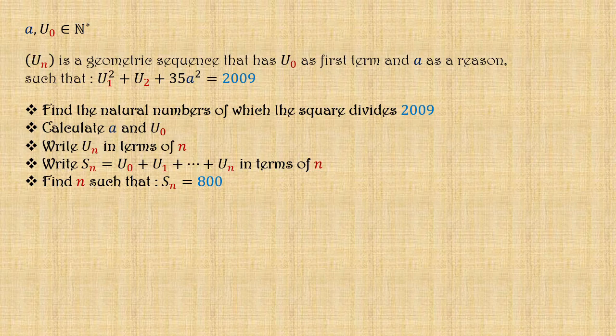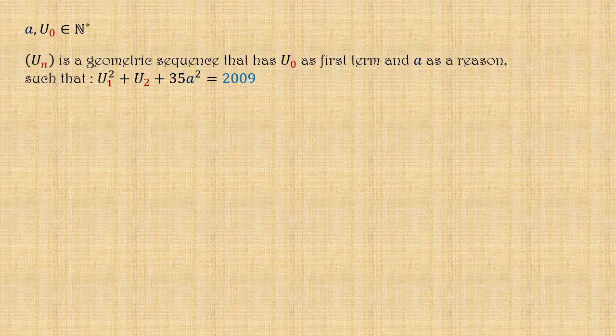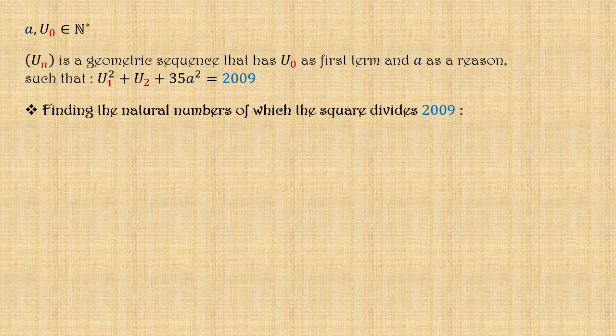So, let's start by finding the natural numbers that the square of which divide 2009. For this, we will factorize the number 2009 and write it as a product of prime numbers. So the first prime number by which the number 2009 is divisible is 7. When dividing the number 2009 by 7, we find the number 287, which is also divisible by 7.